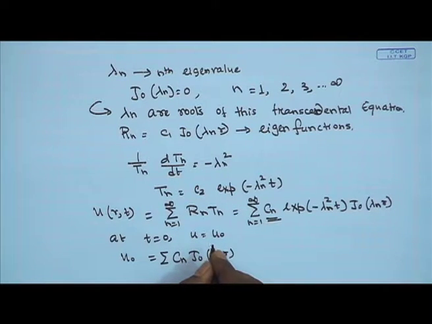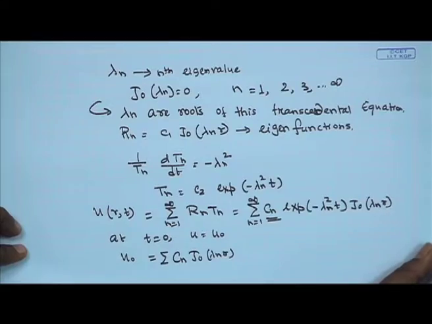And we have already proved that the Bessel functions of any order are orthogonal to each other with respect to the weight function r. That is already proved using the orthogonal property of the Bessel functions. We will utilize this to evaluate the constant Cn.